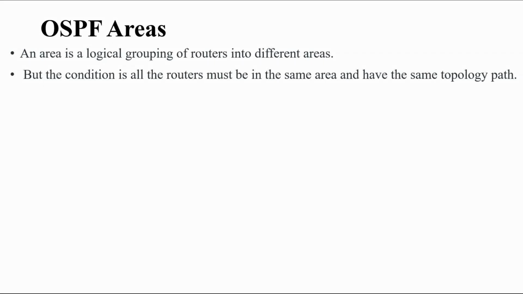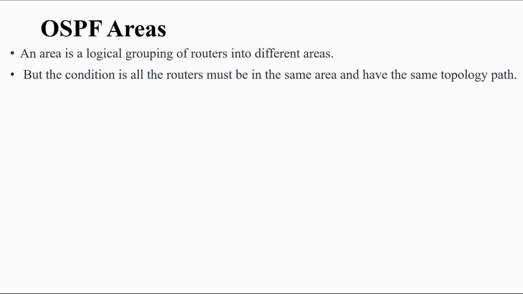As we have seen in the previous videos, OSPF is a link state routing protocol used to communicate different segments of the network. When we are using OSPF, there are rules that we have to follow in order to configure OSPF and apply dynamic routing protocols.